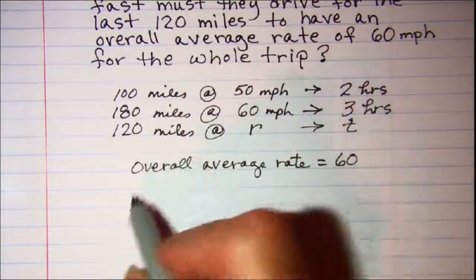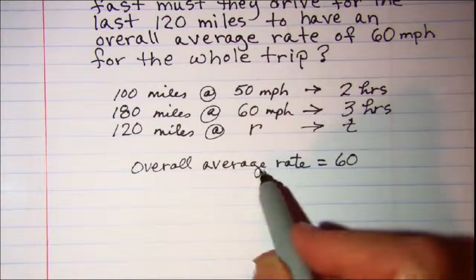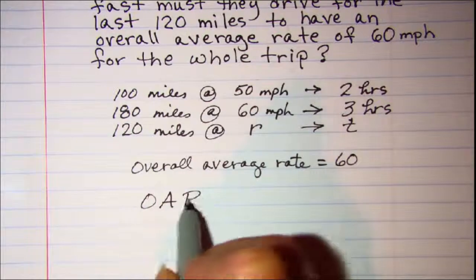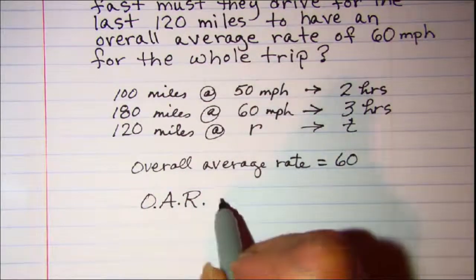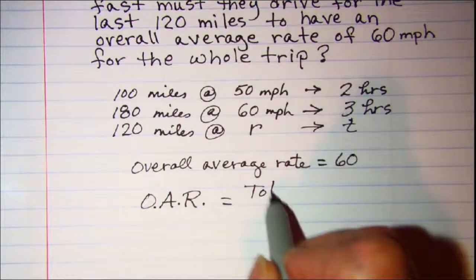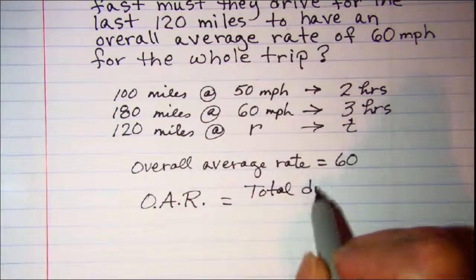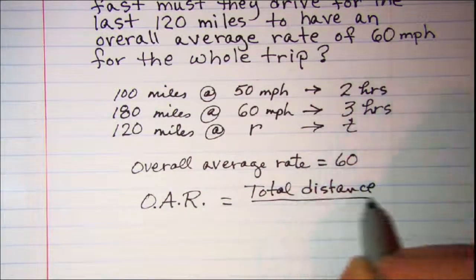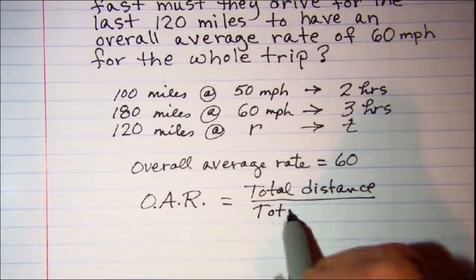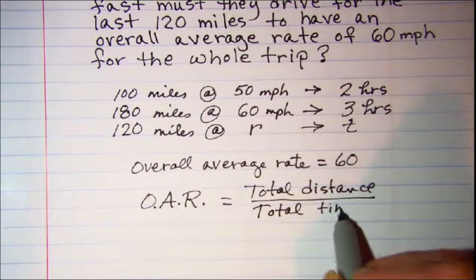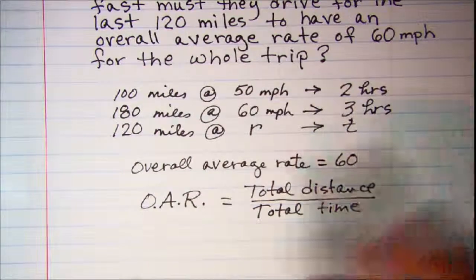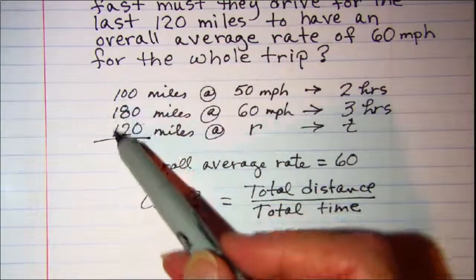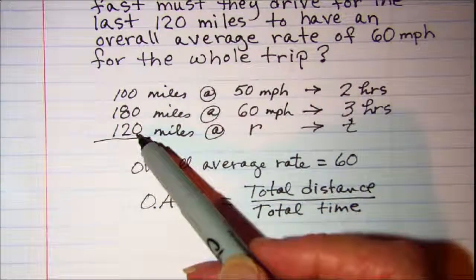So I know that my overall average rate is total distance divided by total time. My total distance, 400 miles.